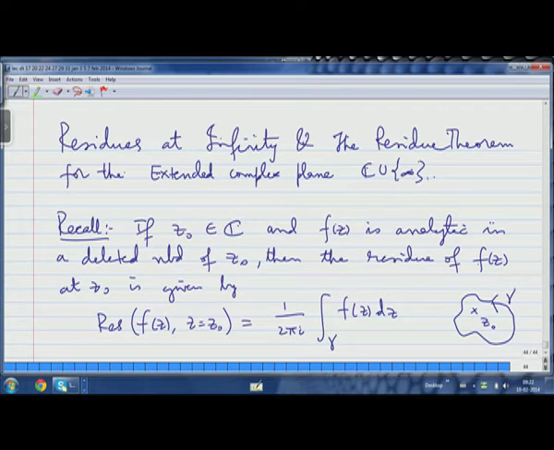Simple means that it does not intersect itself, it has positive orientation, which means that it is going anticlockwise around that point. So the interior of the contour contains the point. The point lies to the left of the contour as you walk along it, and the region to the left is called the interior of the contour.